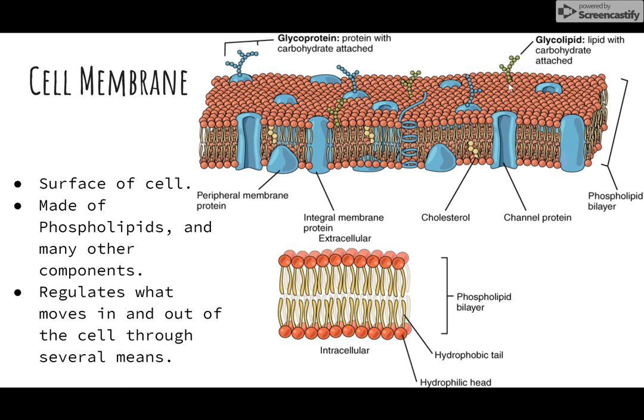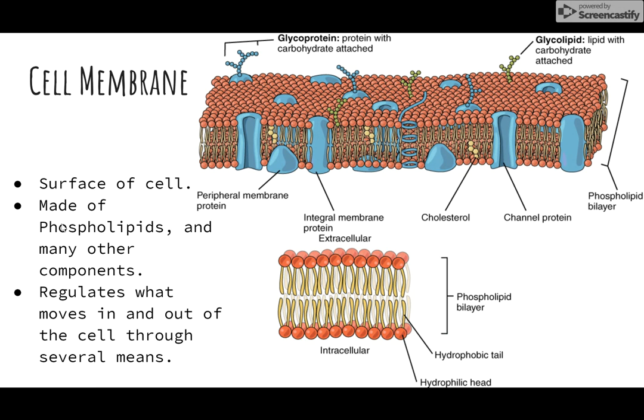Things like glycolipids or some of these embedded or integral proteins act as name tags so that other cells can recognize this cell as being a member of the body.